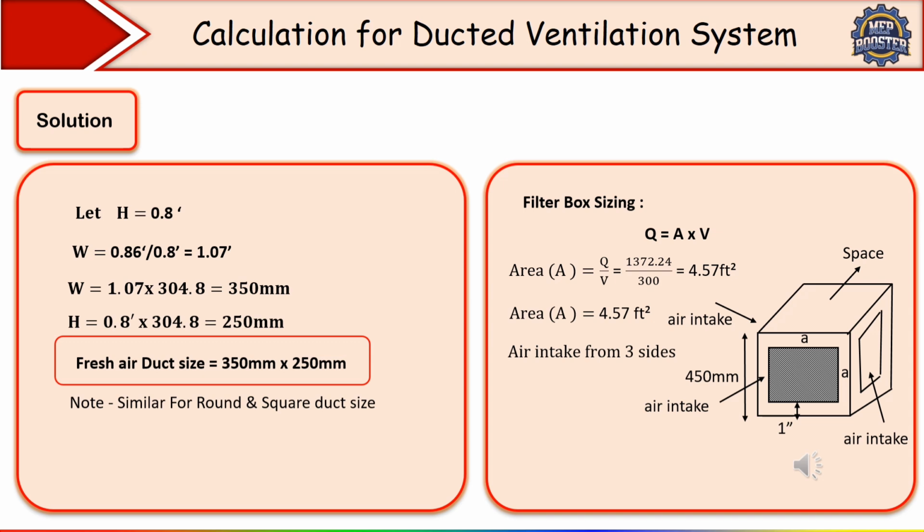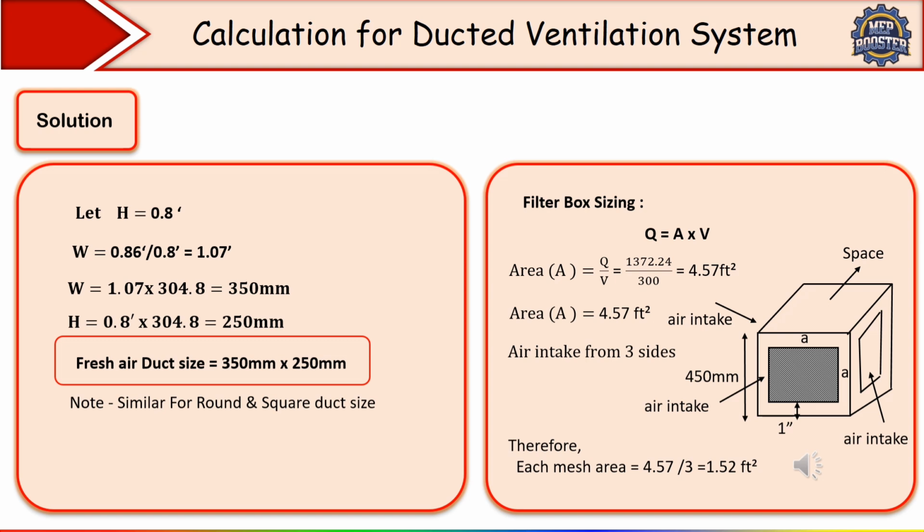So can you tell me the area of each mesh or each filter? If the total area of that filter mesh we have calculated is 4.57 square feet, and air intakes from three sides, therefore each mesh area or each filter area we get is 1.52 square feet.